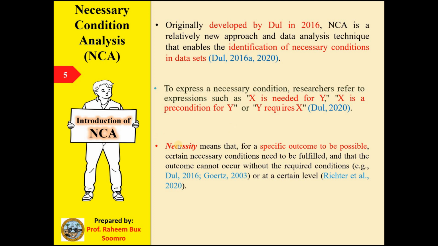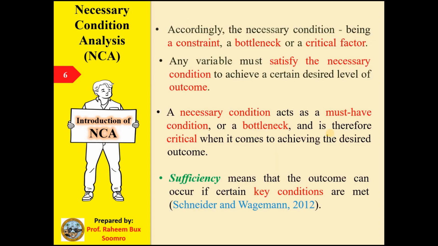Necessity means that for a specific outcome to be possible, the first thing is that you should meet certain necessities. Accordingly, the necessary condition is a constraint, bottleneck, or critical factor. Anything which you consider a necessity is very important.